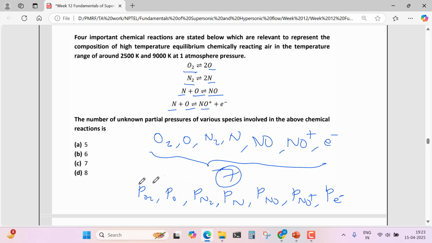For a total of 7 species, there will be 7 partial pressures, and all 7 will be unknown. So the number of unknown partial pressures of various species in the chemical reaction is how much? 7. So option C will be the answer.